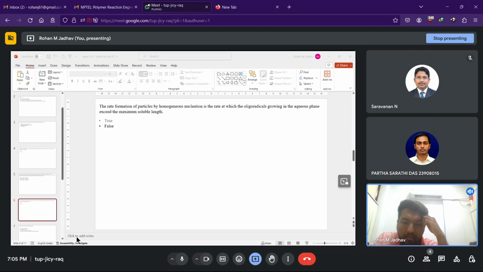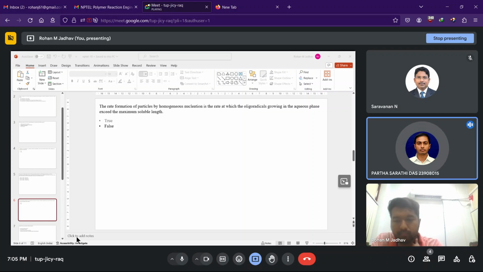I think the volume of the initial charge matters. As far as I understood, semi-continuous is time dependent. We are continuously charging the reactants, like monomer and initiator, and at the same time getting the final product as output.